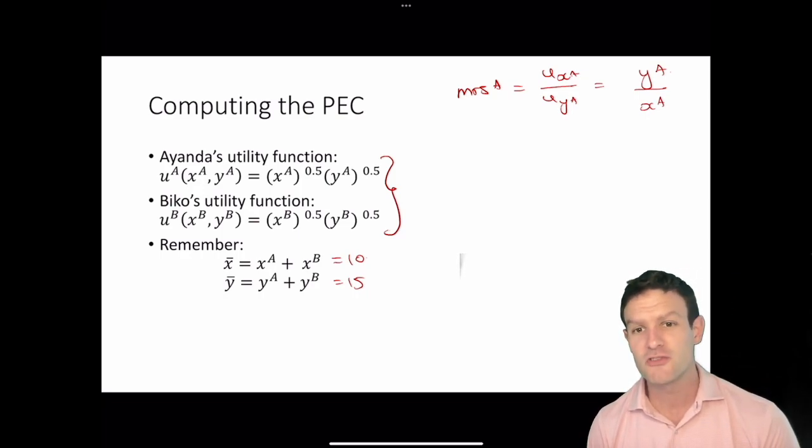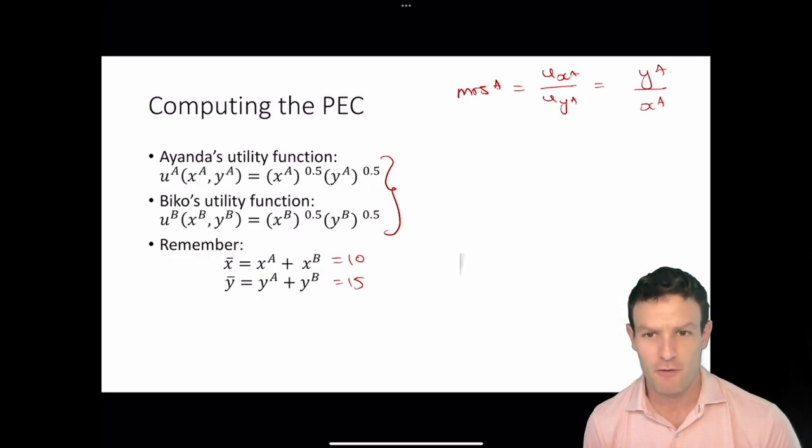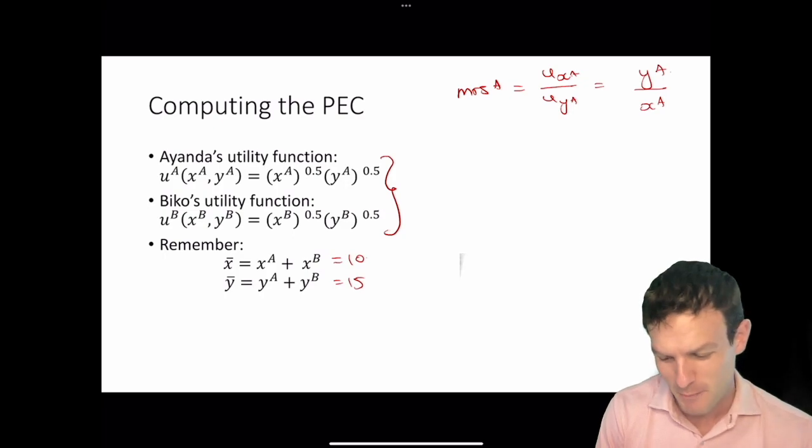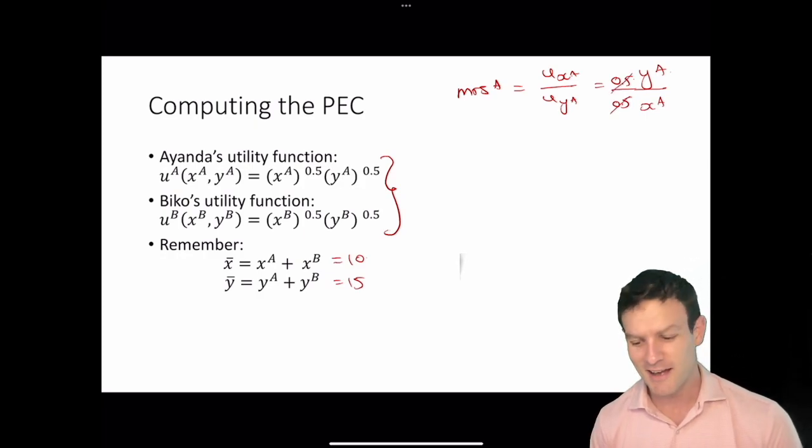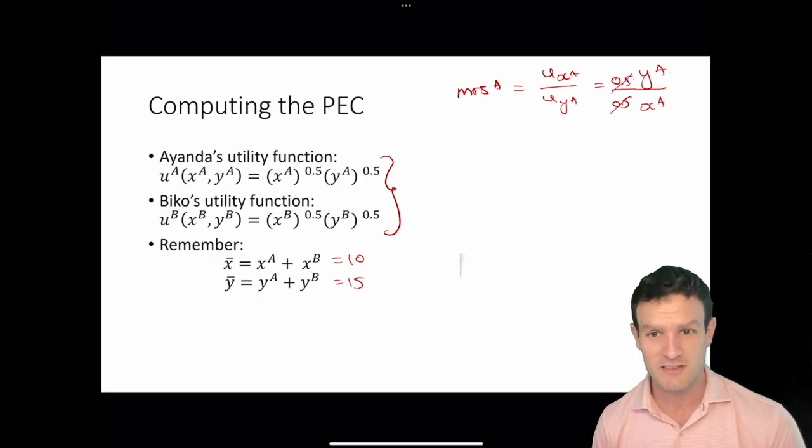Now this is true because they have this identical Cobb-Douglas preference. You might remember there would in fact be a 0.5 over here and a 0.5 over here, but those 0.5s cancel, and so we're just left with ya over xa.